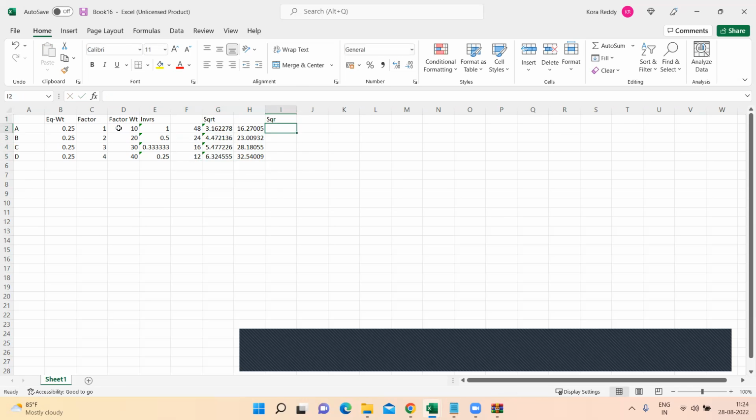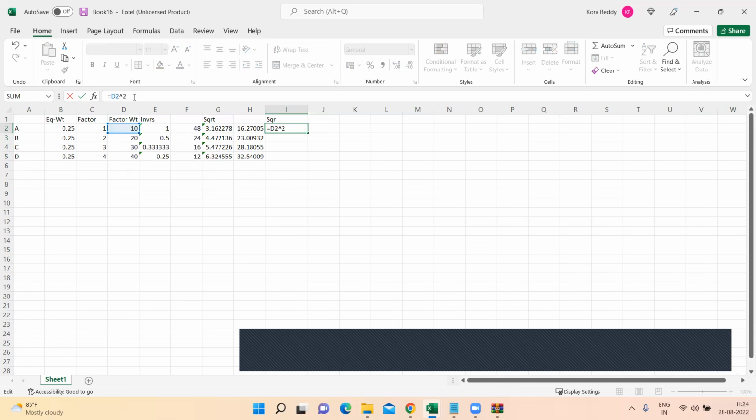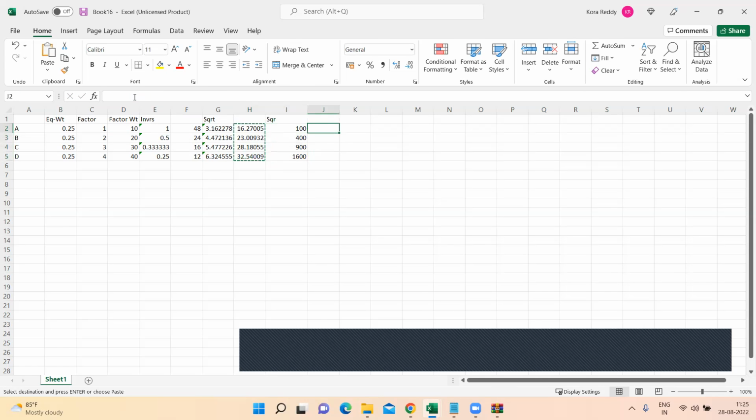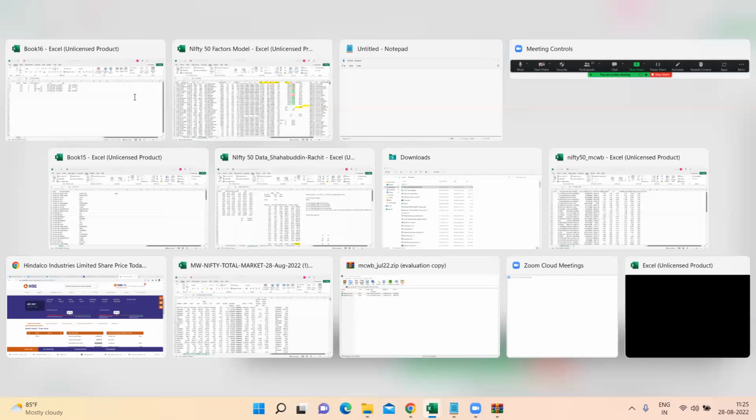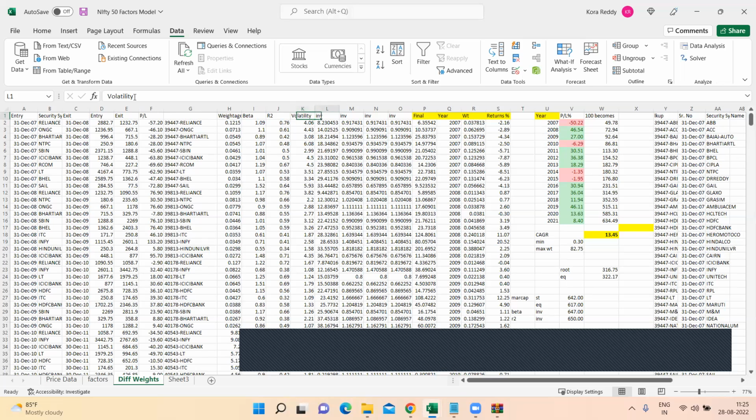Square is another stuff you can do. Things like that you can experiment with few mathematical operators like that. So your weighting changes. That's exactly what I have written here.